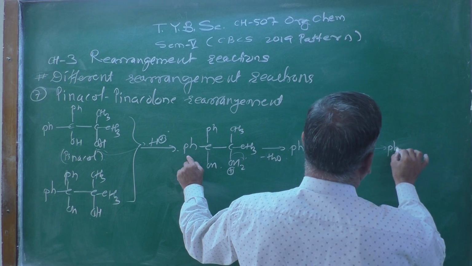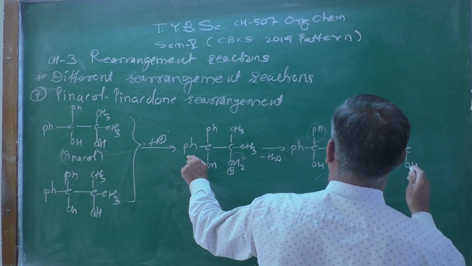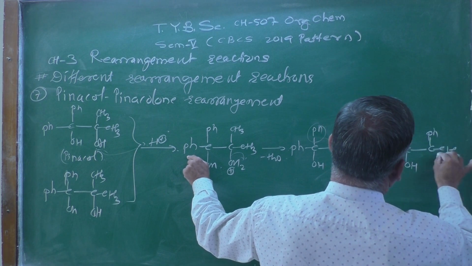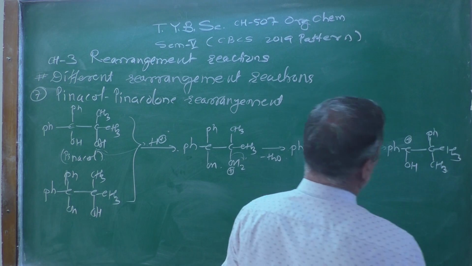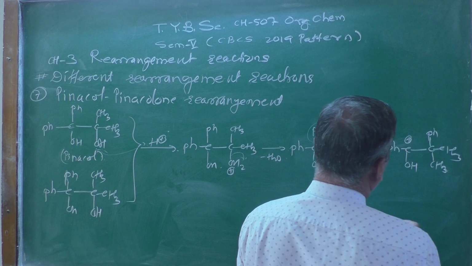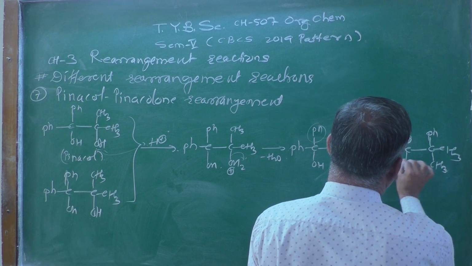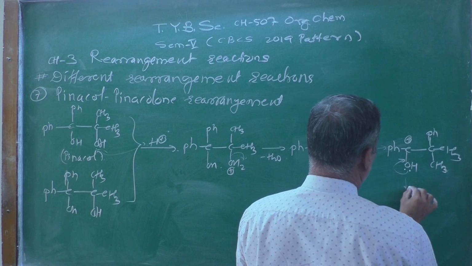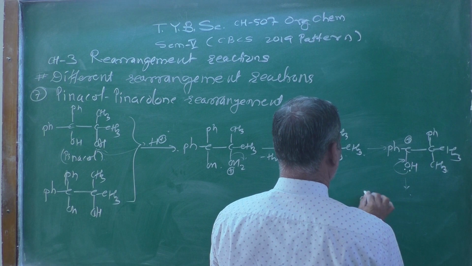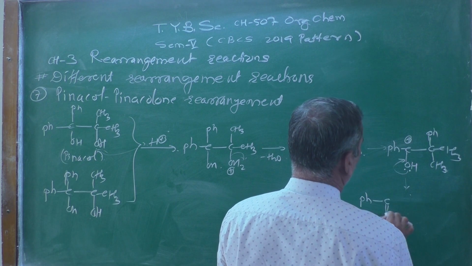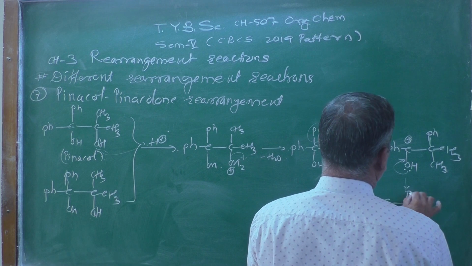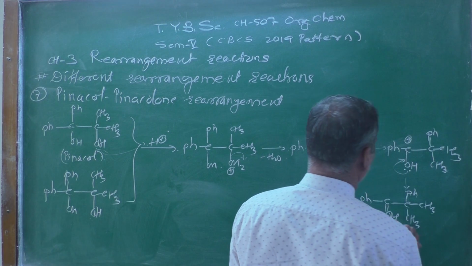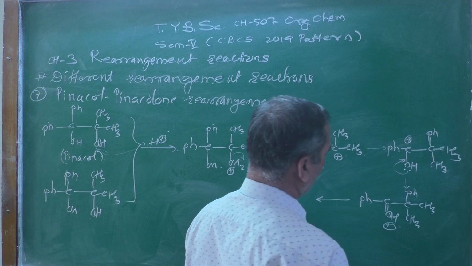You will get Ph, C-OH, positive charge, then here Ph, CH3 and CH3. Now this forms a double bond, and with that the positive charge gets neutralized, giving Ph, C double bond OH, then Ph, CH3, and this CH3 with the positive charge still there.